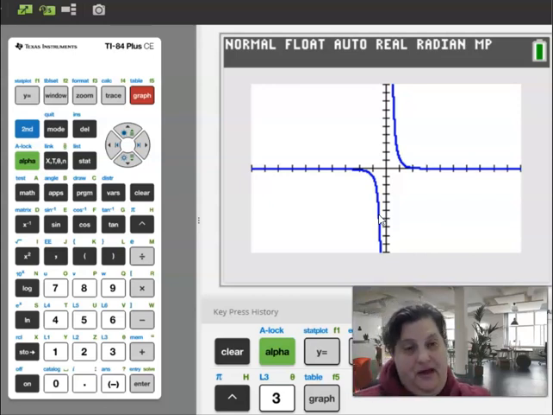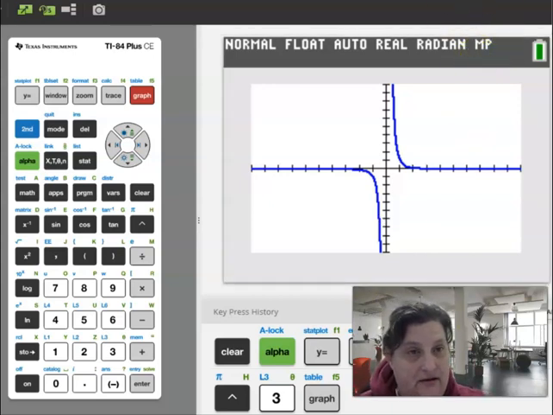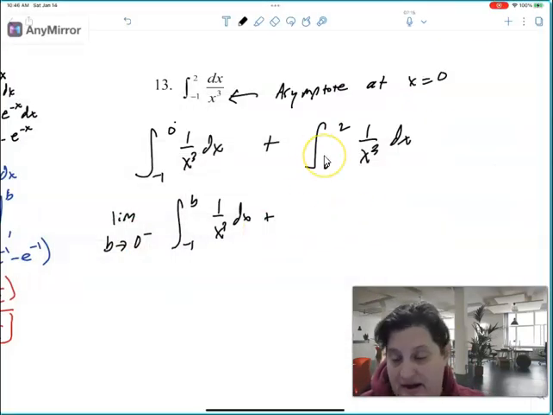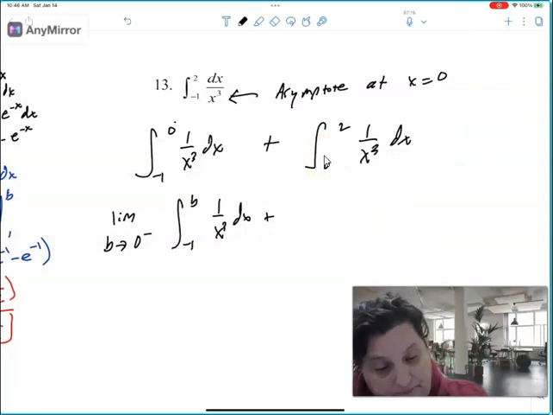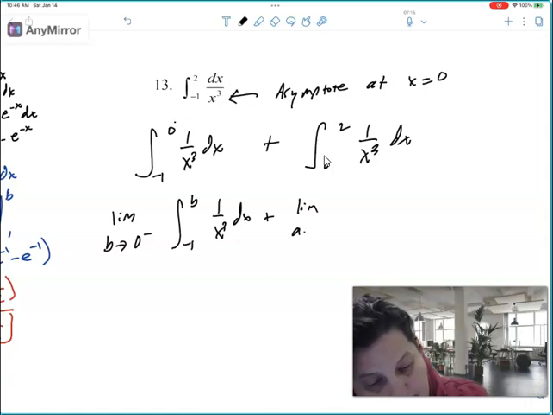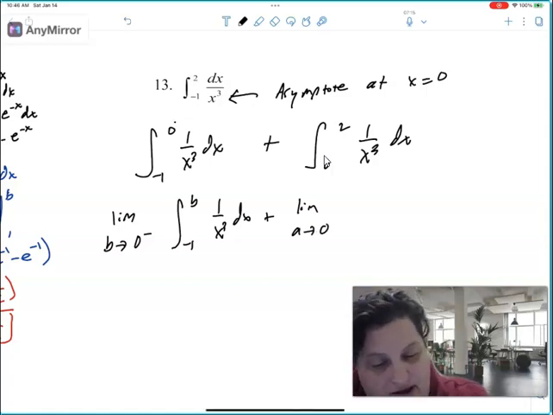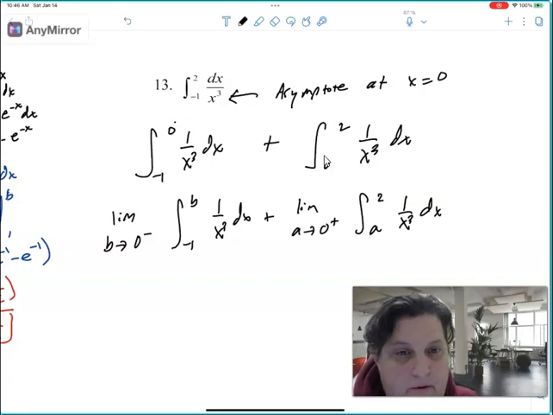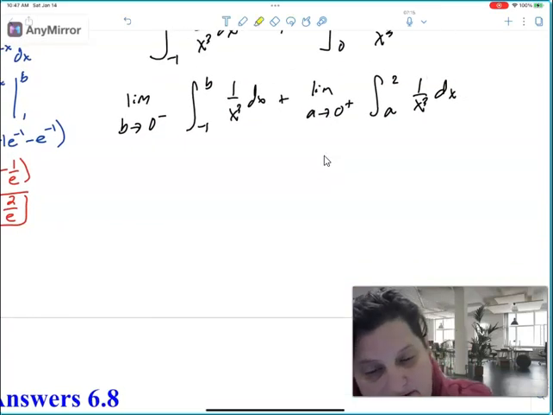And then on this side, limit as I approach 0 from the right. This time I'm going to use a, because my integrals go a to b. And then it's a to 2 of that. So I've got these 2 separate limits, these 2 separate statements.